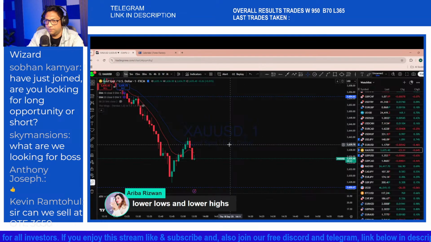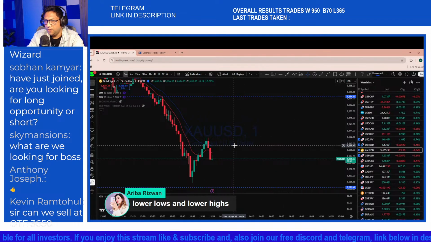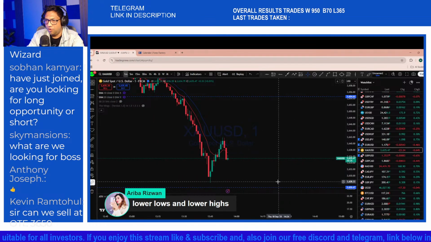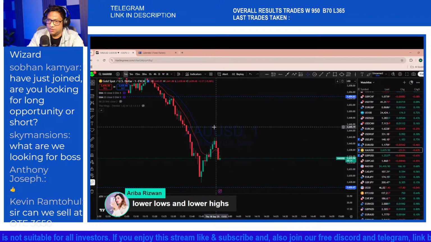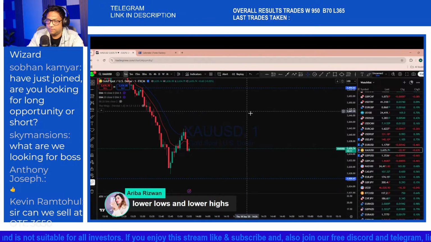So the market structure is being formed on this lower time frame here. Of course, we can see that it is still maintaining that bear market.